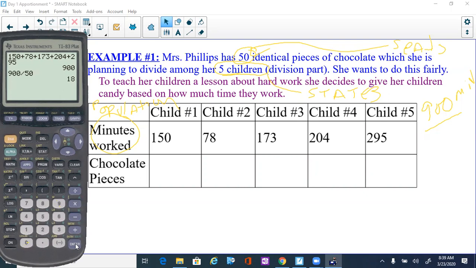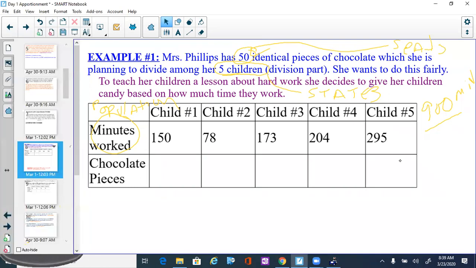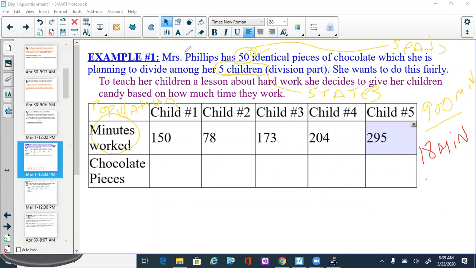And when I do that, it tells me it is 18 minutes per piece of chocolate. So let's write that down. Okay, well, that is 18 minutes per one chocolate, okay?